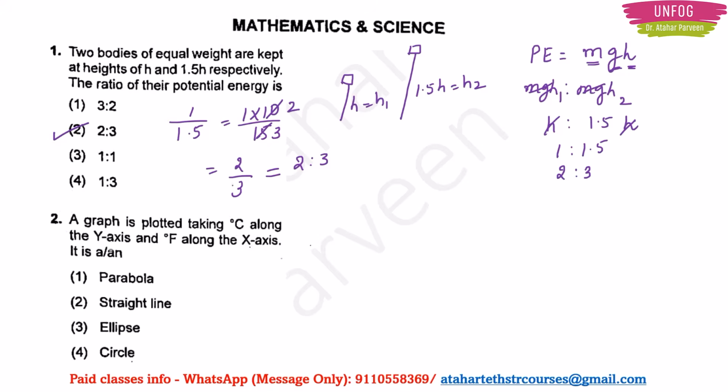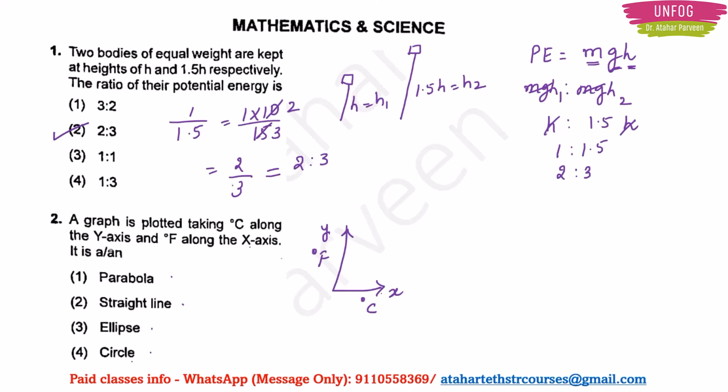A graph is plotted taking degrees Celsius along the y-axis and degrees Fahrenheit along the x-axis. So there is a graph with the x-axis and y-axis. Whether it is a parabola, straight line, ellipse or a circle.